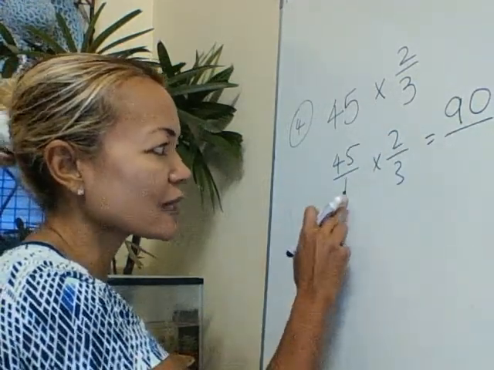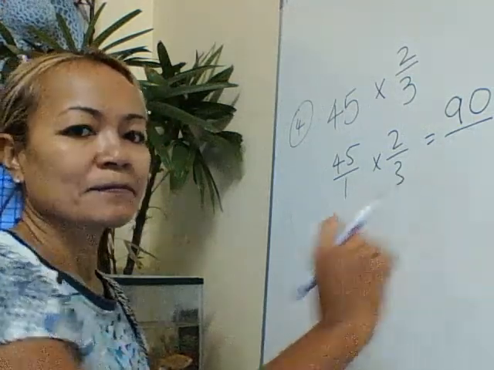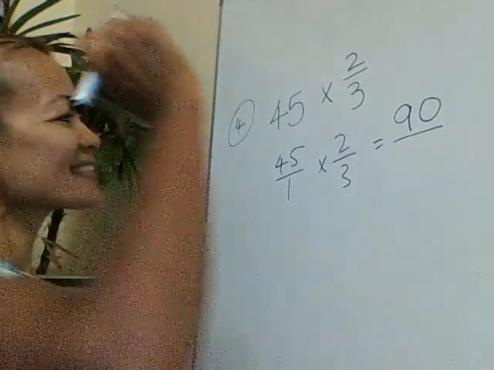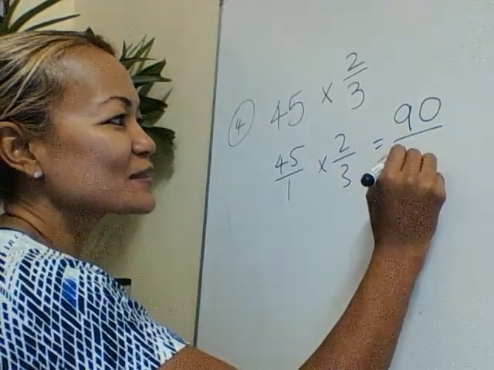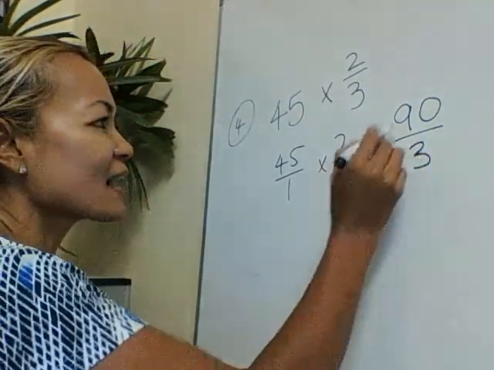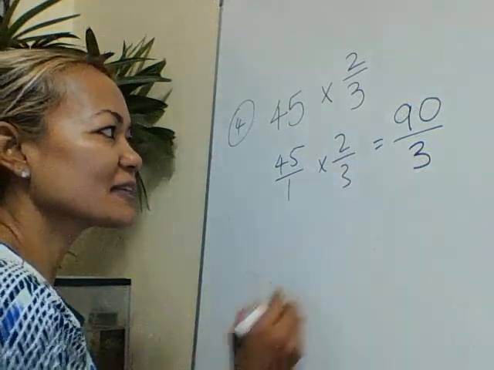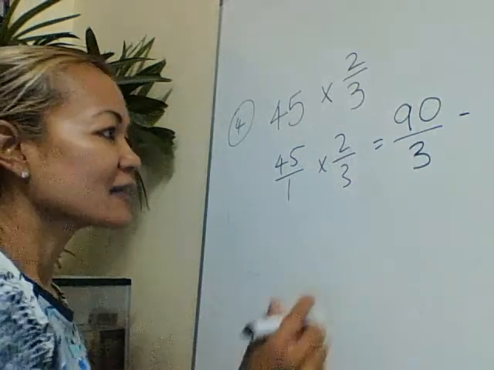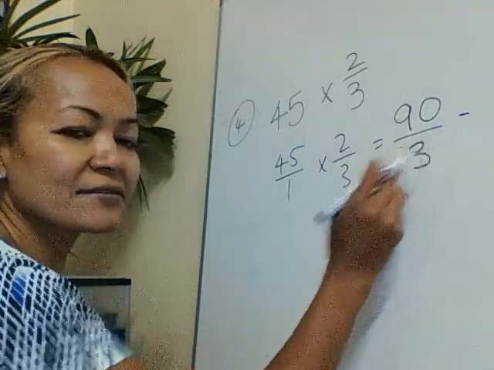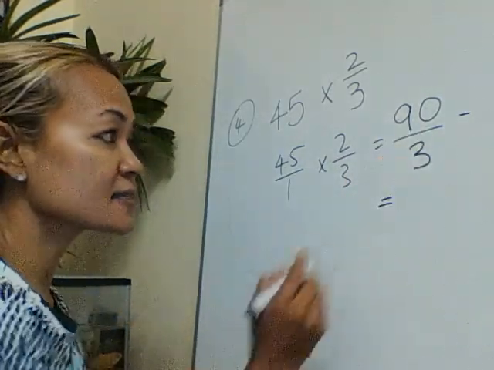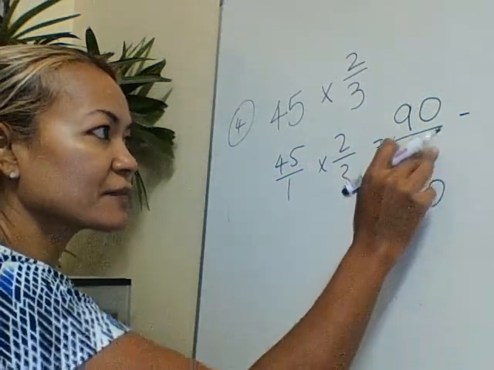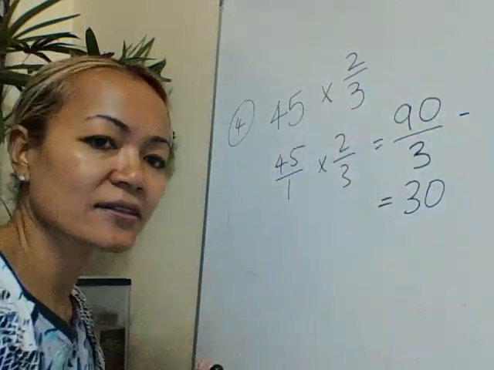On the bottom, 1 times 3 is equal to 3. 90 divided by 3. So we simplify this on this side. 90 divided by 3 is 30, because 30, if you multiply it by 3, it gives you 90. So it's just working opposite.